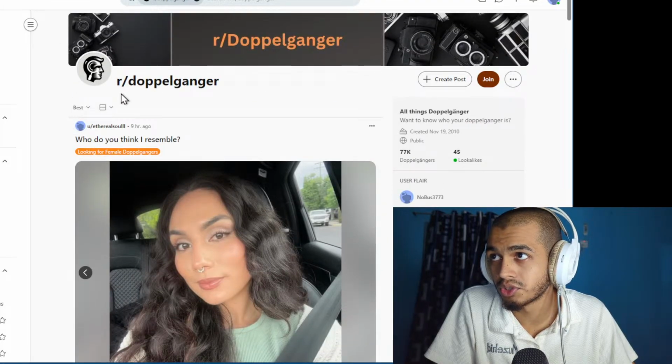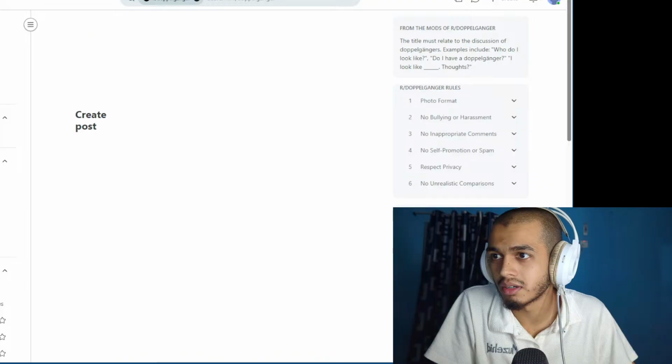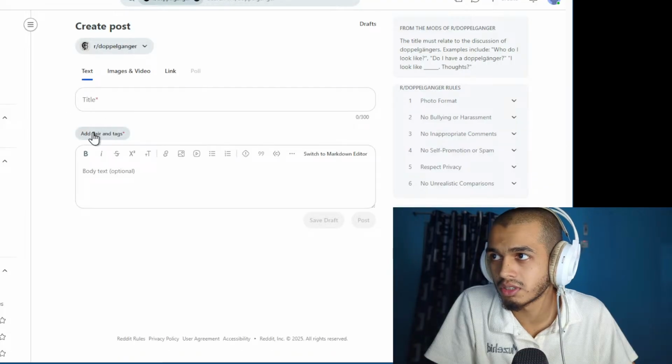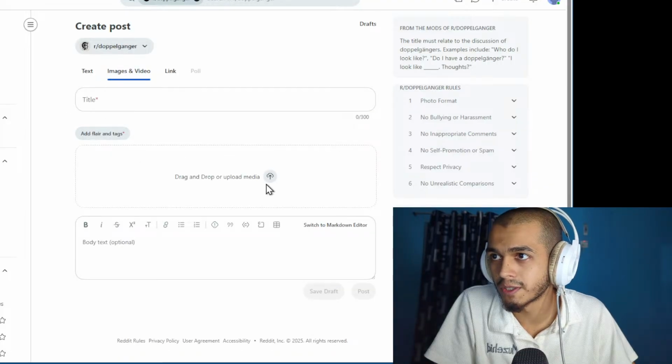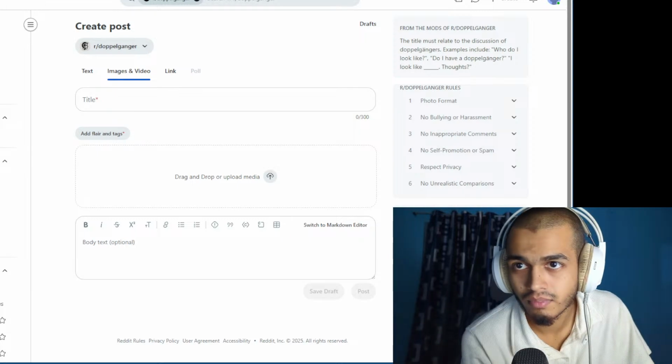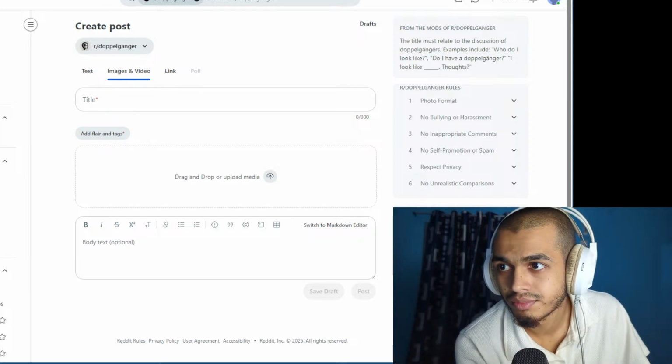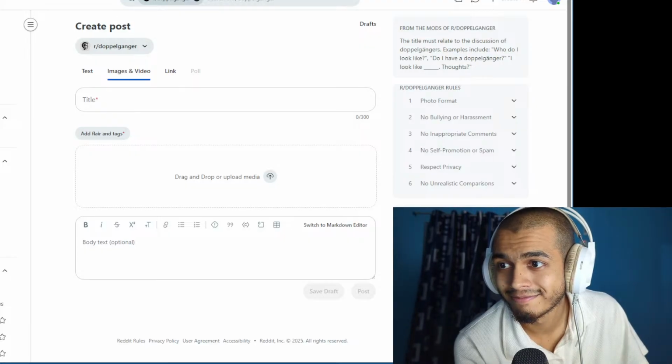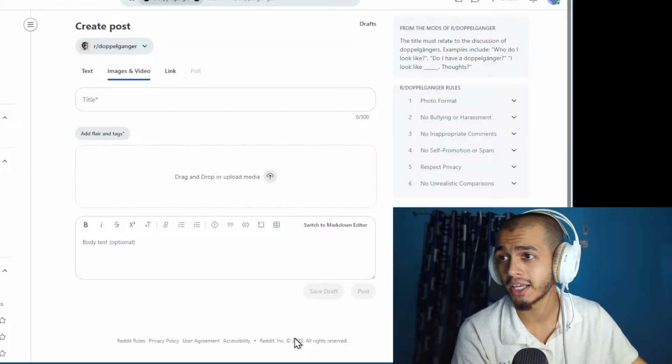Create a post. I mean, one is my picture, other one is Sneaker's picture. You know? Do I look like him? Am I looking like him?